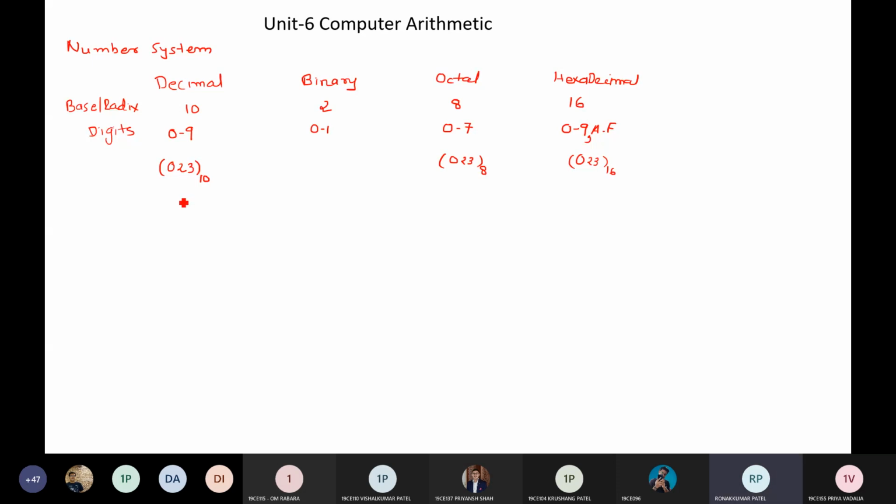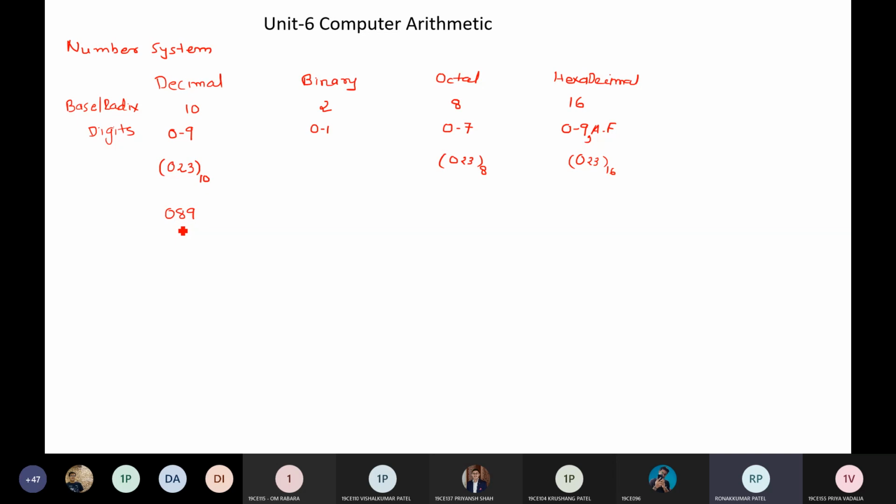Now suppose I write 0, 8, 9. This cannot be octal or binary. It can be either decimal or hexadecimal, but as there is no base written over here, it will be considered decimal.